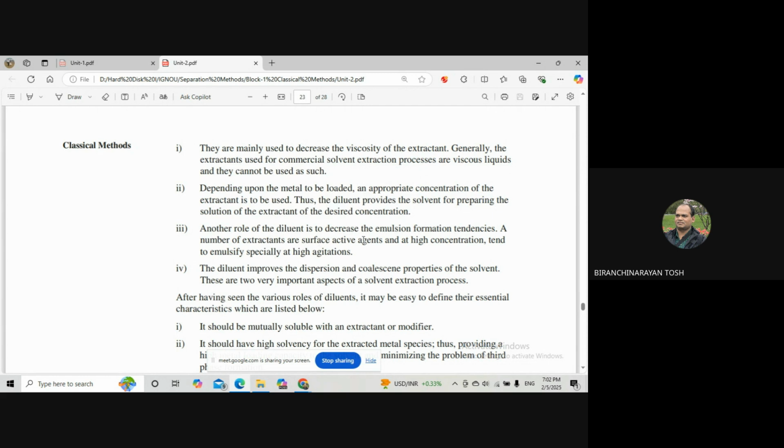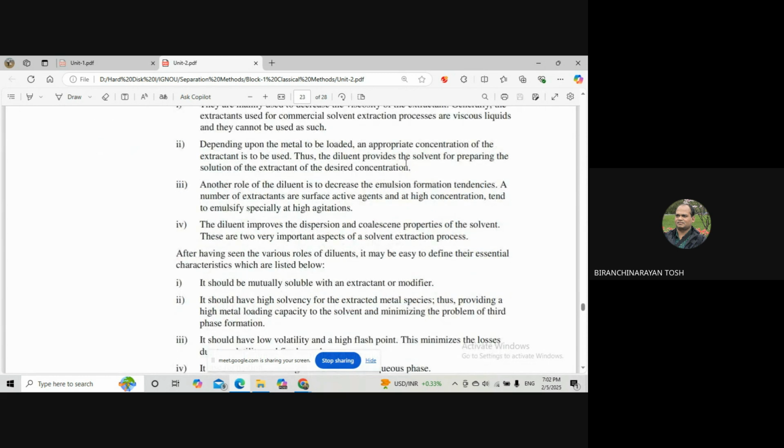Another role of the diluent is to decrease the emulsion formation tendency. A number of extractants are surface active agents and therefore at high concentration tend to emulsify, especially at high agitation. The diluent improves the dispersion and coalescence properties of the solvent. These are two very important aspects for a solvent extraction process.